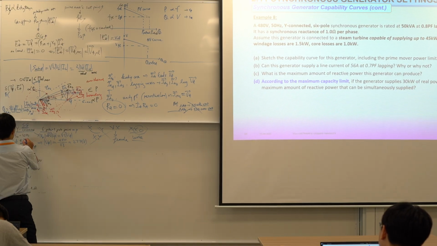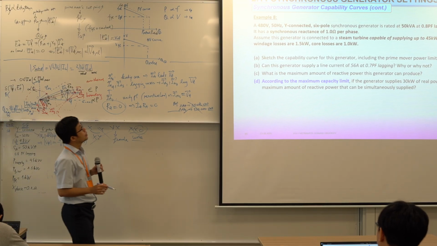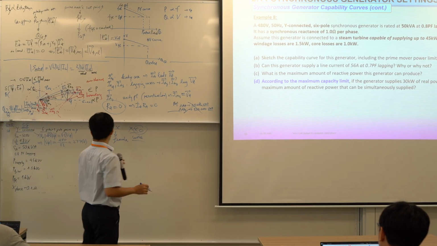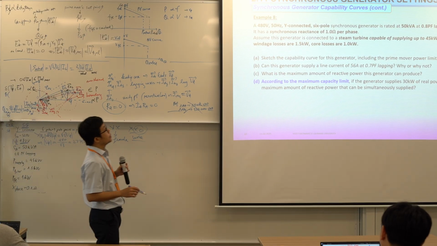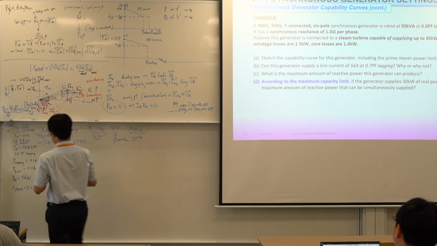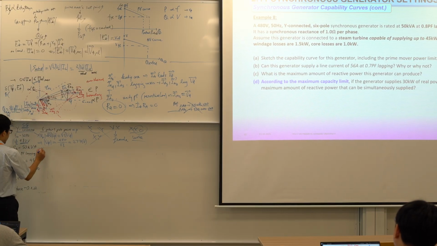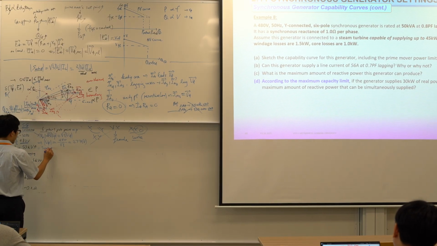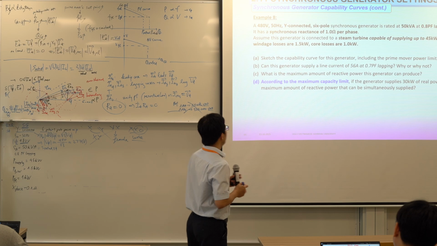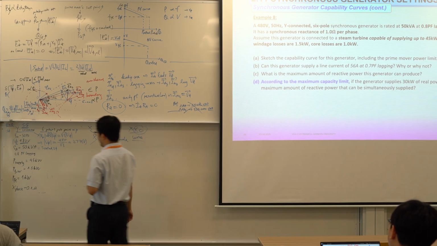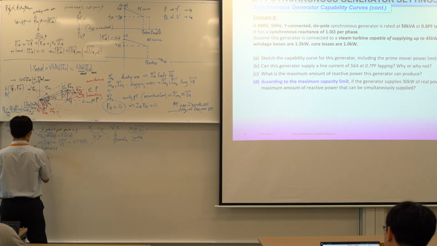What else? The frequency is 50 Hz. They give us the information of apparent power, so this is S rated. Output is 3 phase, because we have 3 phases of the generator, with 0.8 power factor lagging.